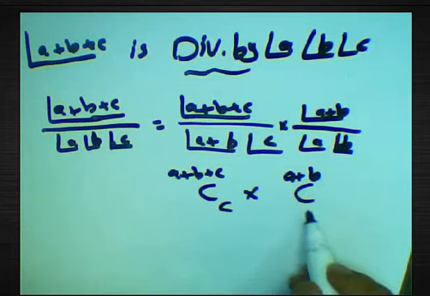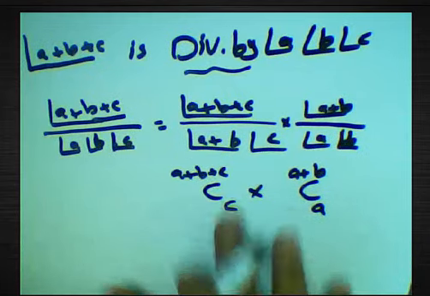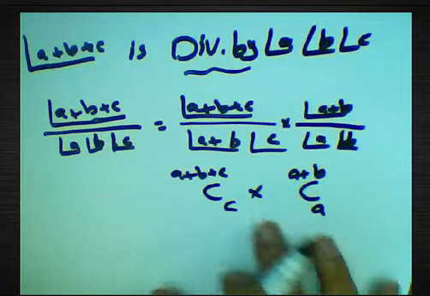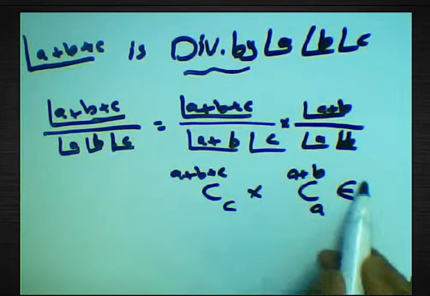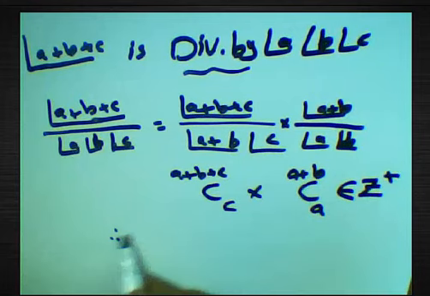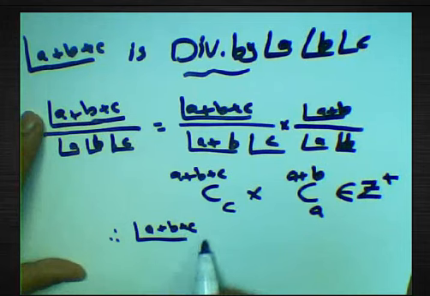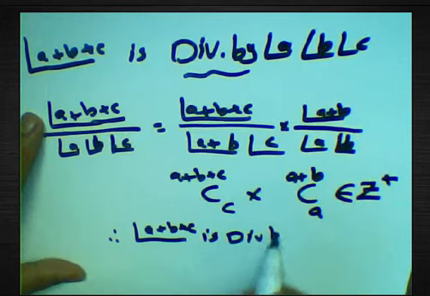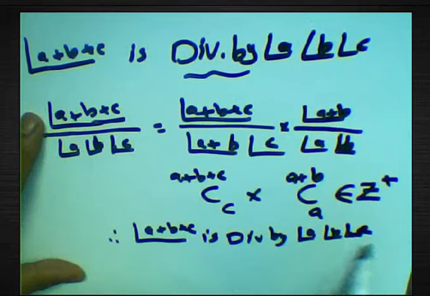The down here will be a, and (a+b+c) combination c, multiplied by combination (a+b) combination a, they belong to the positive integers, then factorial (a+b+c) is divisible by factorial a, factorial b, factorial c.